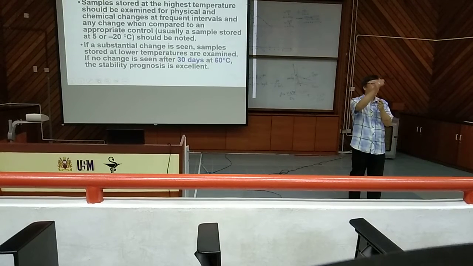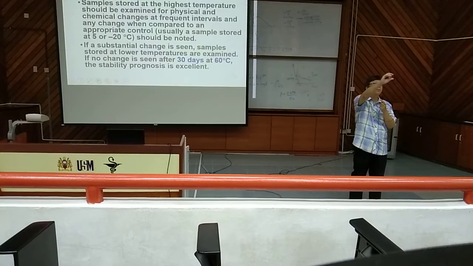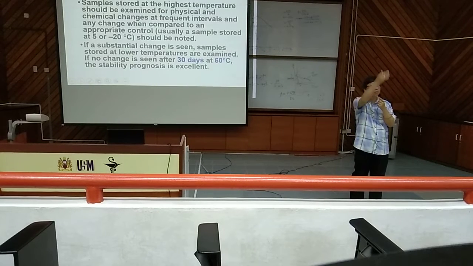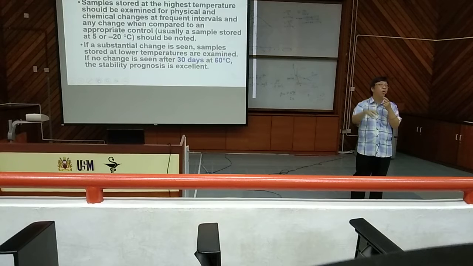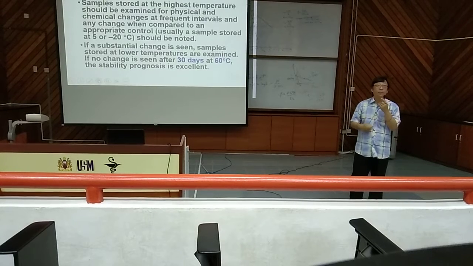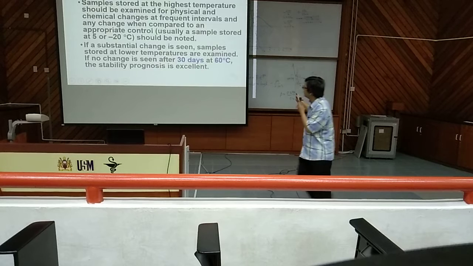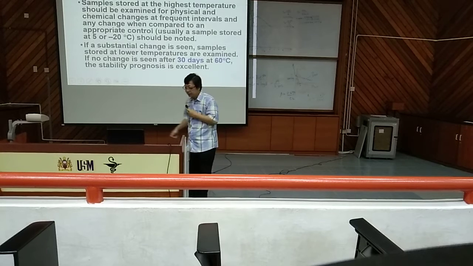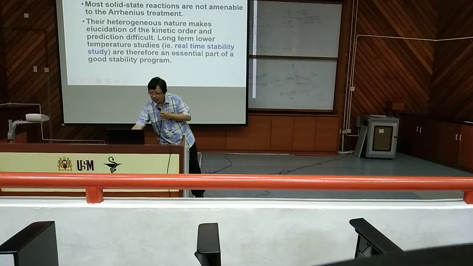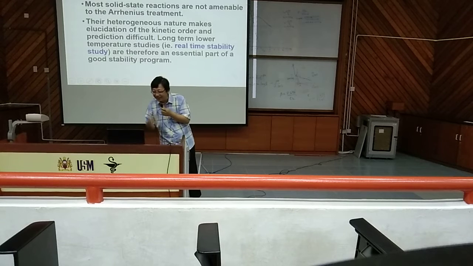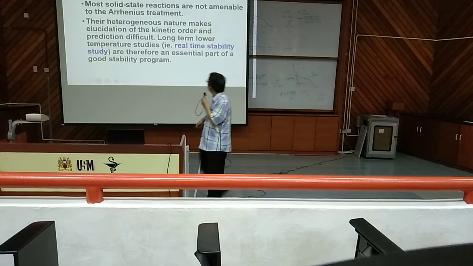So from there, more or less, I can tell at this temperature the drug has degraded this much, at that temperature degraded that much. Then from there, you can start to draw a line. Alright, so at least you get some ideas. Don't worry, if you don't know this, later when you study stability, you will be exposed to this.